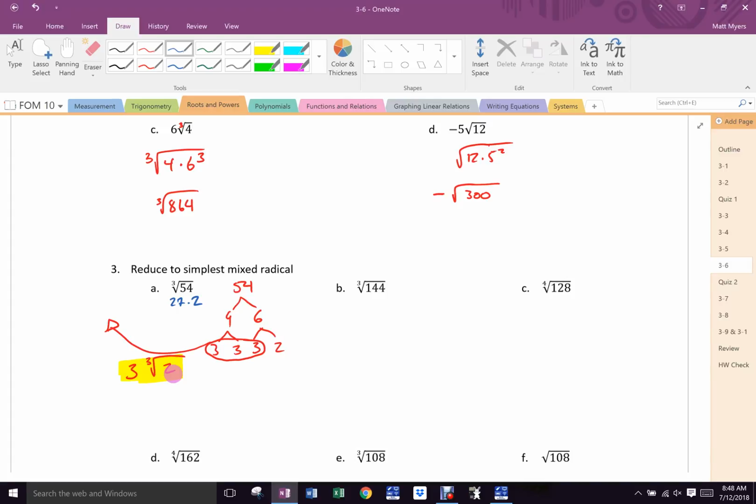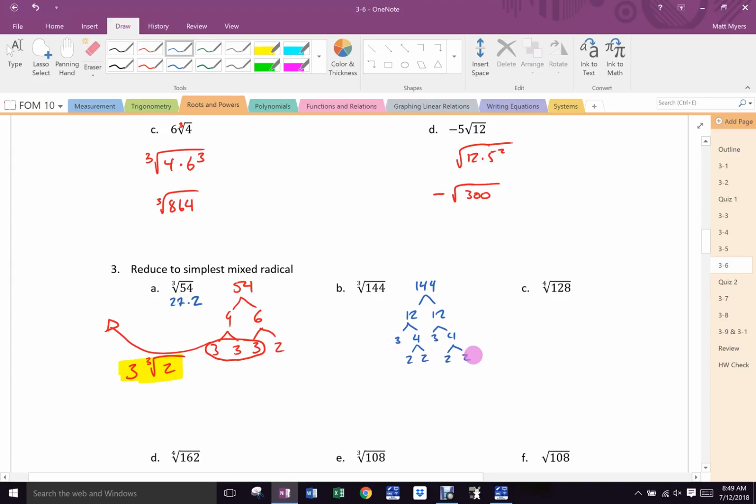Okay. Let's break down 144. Most of you are probably going to go 12 and 12, right? Still no group of 3. 3 and 4. 3 and 4. Still no group of 3. 2, 2, 2, 2.